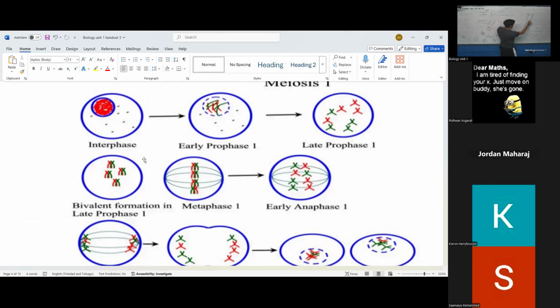If they cross over at this point, obviously they'll be touching each other. The point at which they recombine, or cross over, is called chiasma. So it's chiasma or chiasmata. Chiasmata is plural.